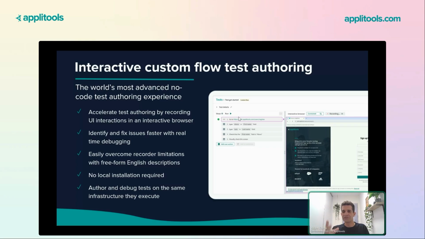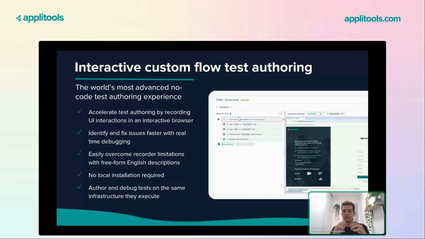When that happens, usually as a user, you are stuck. Unless you have developer skills and the tool allows you to write some code to overcome the problem, if you're just trying to record an interaction and the recorder doesn't pick it up correctly, you're just stuck with reporting a ticket to the vendor to help you out.